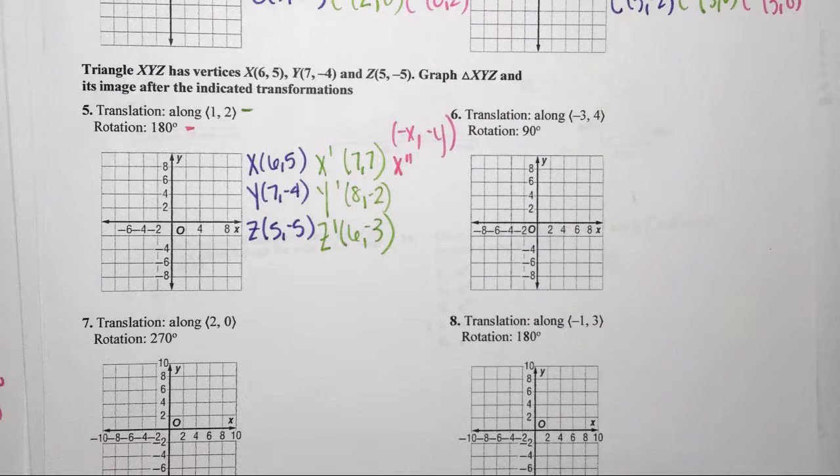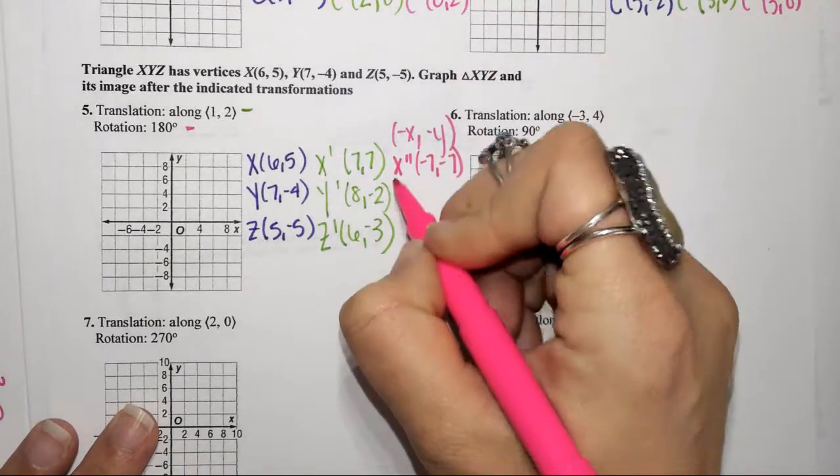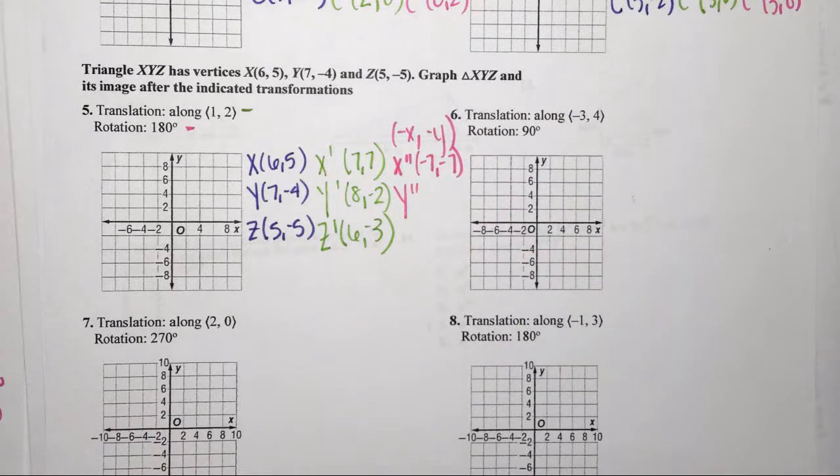All right, Chastity, you are going to tell me my x double prime. And you're not going to be confused. Look at you go, take a point. Maria, you are going to tell me my y double prime. Okay, I can wait. I'll just be patient.